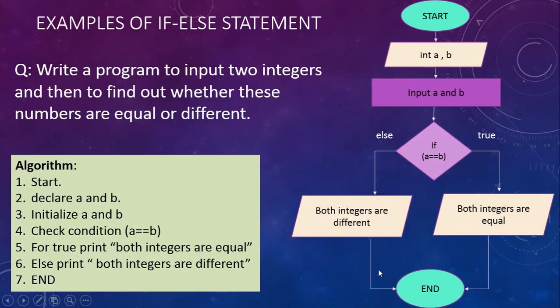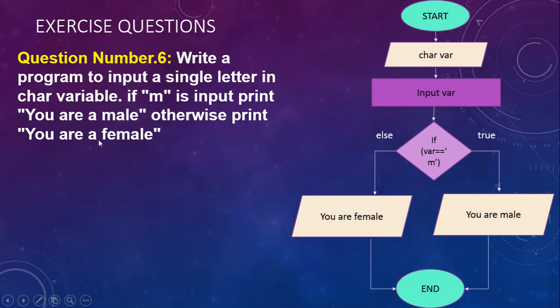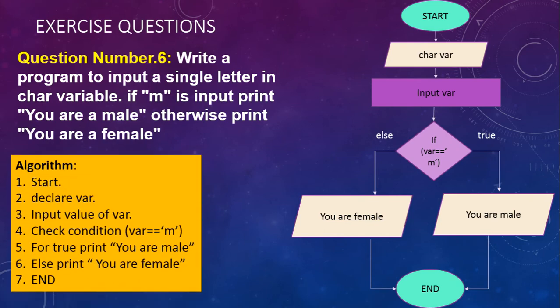Now the next program is an exercise question, question number 6. Write a program in C++ to input a single letter in a character variable. If M is input, print you are male, otherwise print you are female. Here we have to declare a variable.